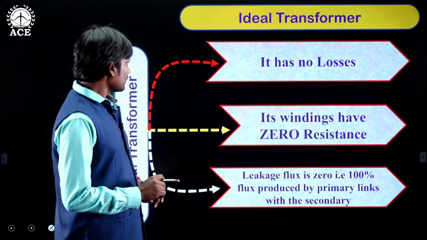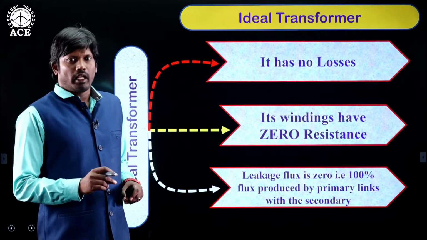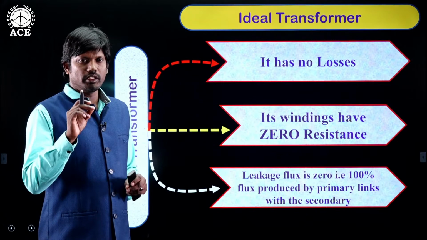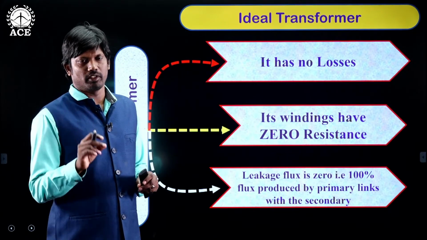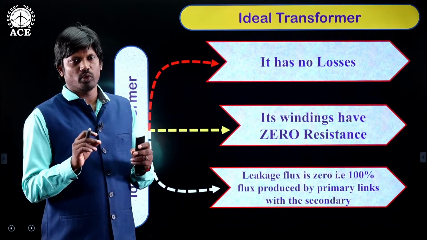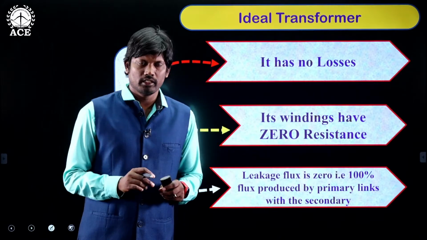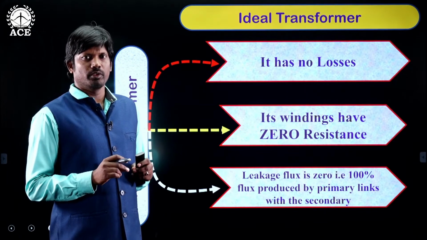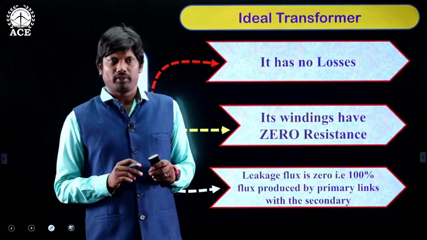Apart from this, the primary applied voltage V1 is equal to the primary induced EMF E1 because there are no voltage drops. Similarly, the secondary terminal voltage is equal to the secondary induced EMF.